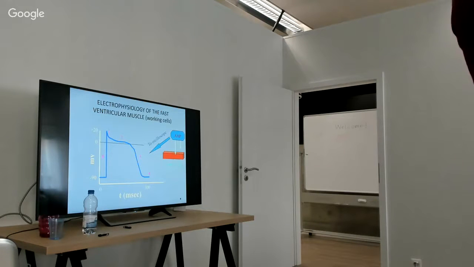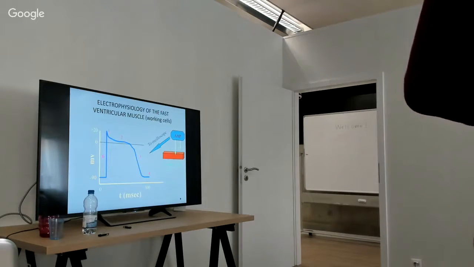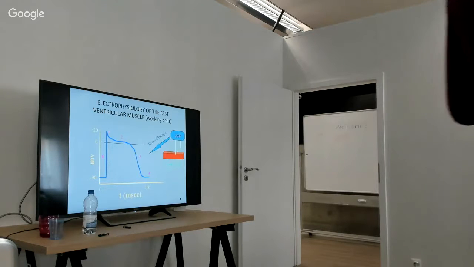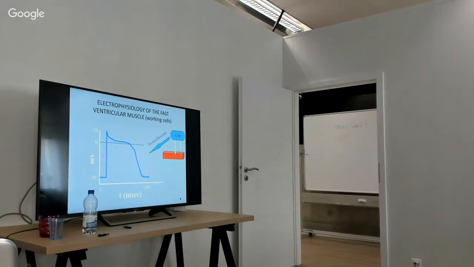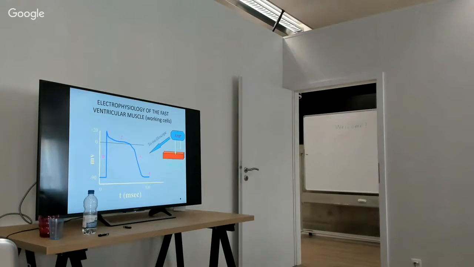The anions are negative, so inside we have minus 70 in the nerve. Here we have minus 90 because there are a lot of potassium channels with a very strange name: inward rectifier. It's misleading for a student, because inward means that it goes in. No, the potassium is going out.